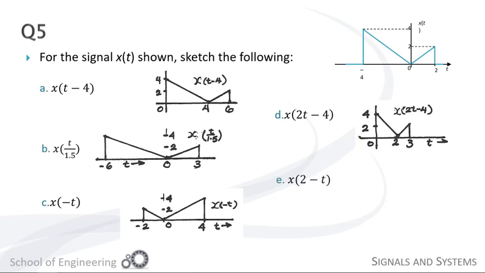And what about that one? What's that doing? The key is this, it tends to throw everyone. What is that? 2 minus t. But 2 minus t is simply the same as minus t plus 2, correct? So you think about it that way. You shift it back by 2 and then flip it.